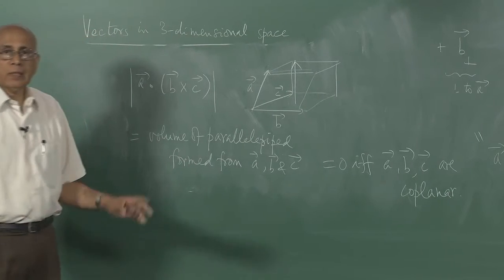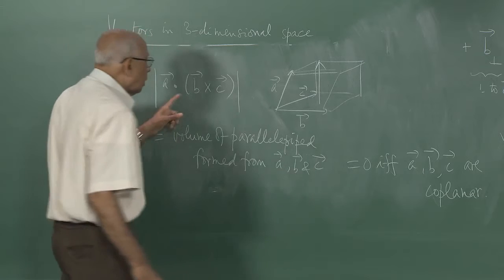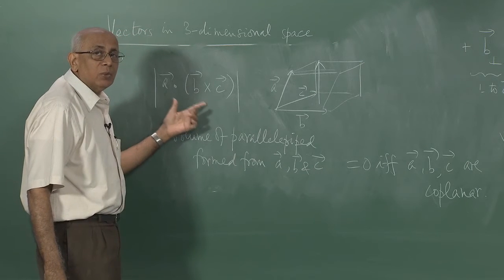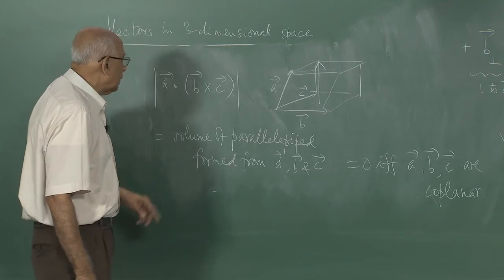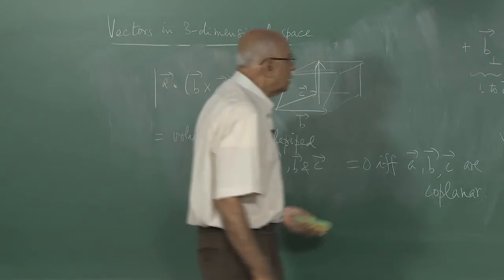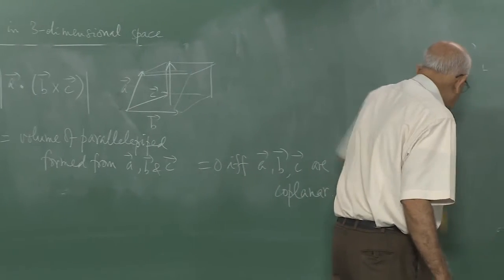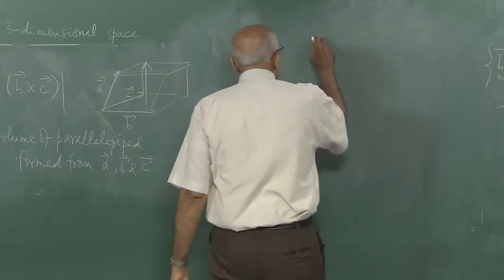That is a useful piece of information to know. We could also write down what are the components, what is the actual magnitude of this quantity here. We could write it in terms of the components of A, B and C. So that is an exercise left to the student, to you. It is an easy exercise. So here it is, exercise.